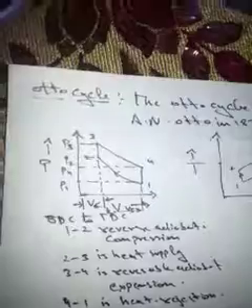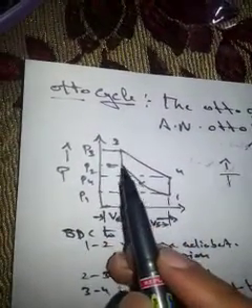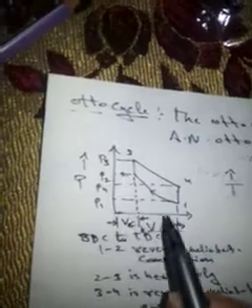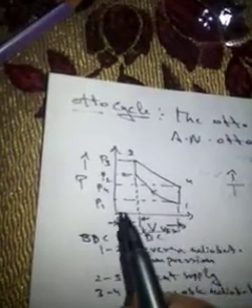You see that V3 is equal to V2 and V4 is equal to V1.